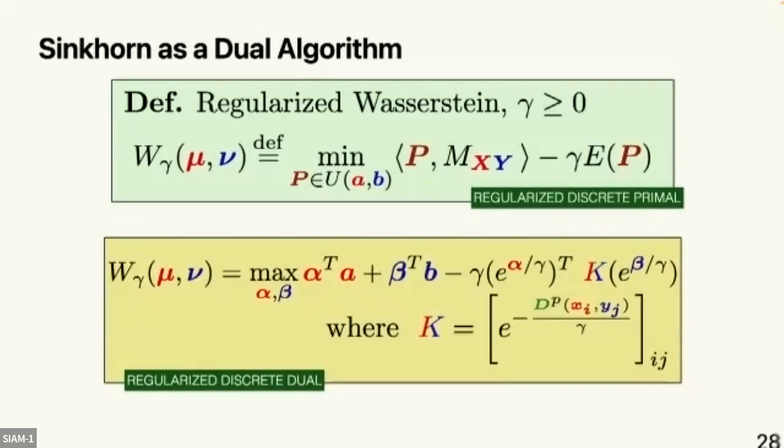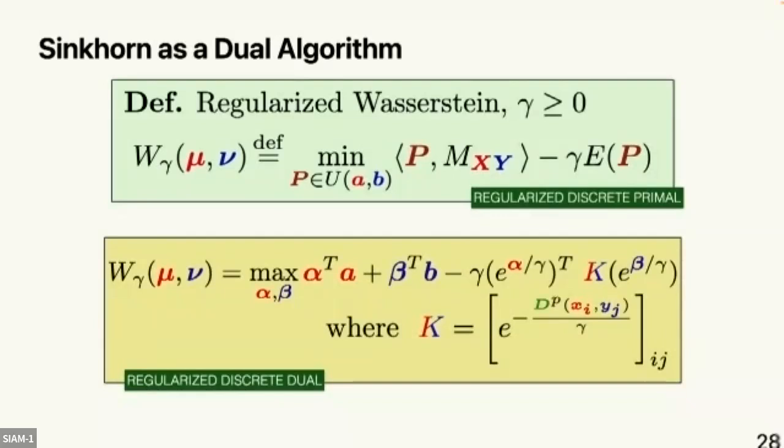So we're still maximizing over two vectors of this cost matrix. But now the constraint is gone, and the constraint has been turned into this penalization. And you can think about this penalization as a soft penalization of this hard constraint that alpha i plus beta j is smaller than the cost, or here the distance, between xi and yj.